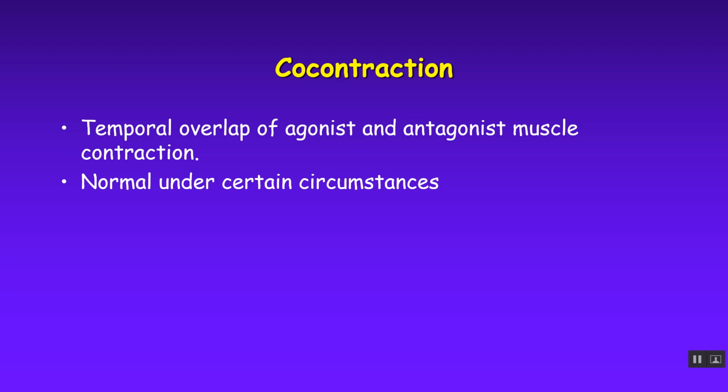But if I'm doing open chain activities where you're trying to move quickly, you should be able to turn one muscle on and turn the other muscle off. So co-contraction is a common term associated with upper motor neuron disorders, that this patient is having co-contraction of their triceps and biceps, or quads and hamstrings, that you're seeing.